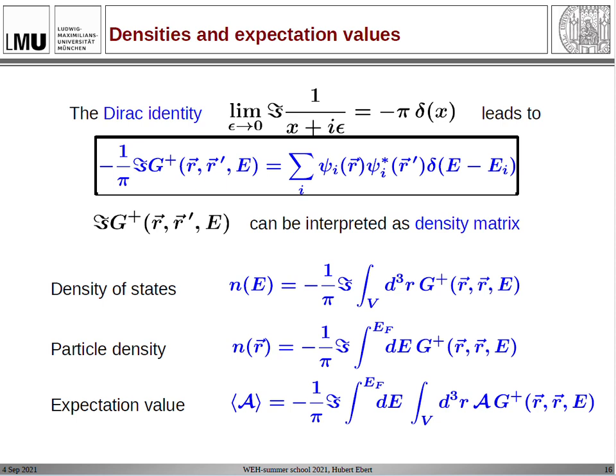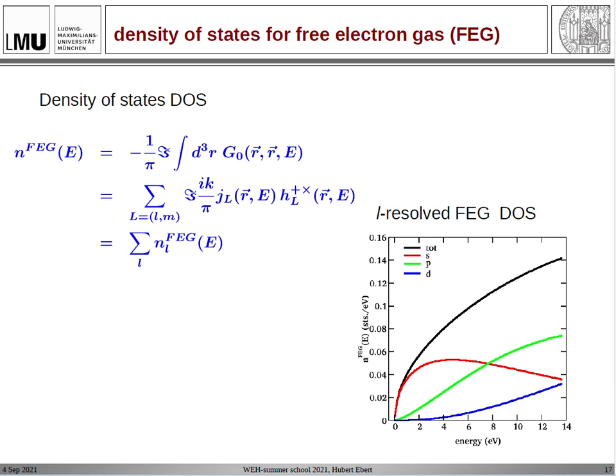We get the particle density, for example, by integrating up to the Fermi energy or any other expectation value. And now this looks very similar to what I have shown before for that band structure approach. And in fact, you can see later on perhaps that this matrix representation for an expectation value exactly comes from that representation.